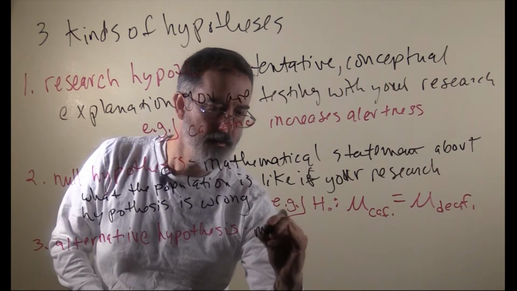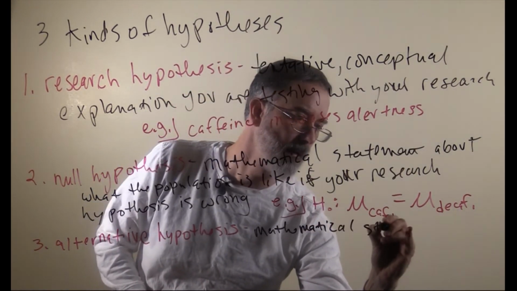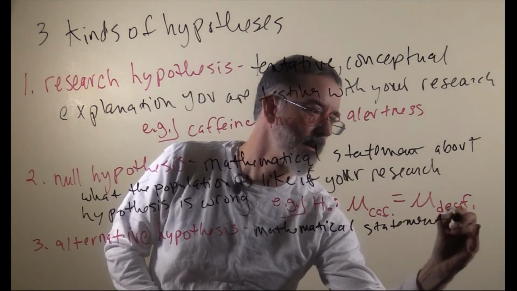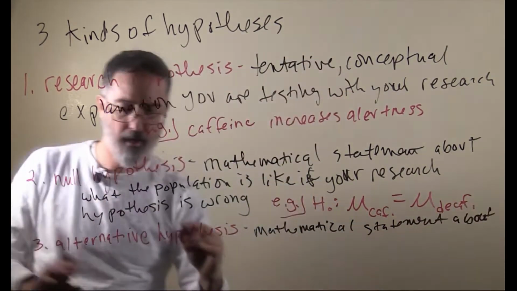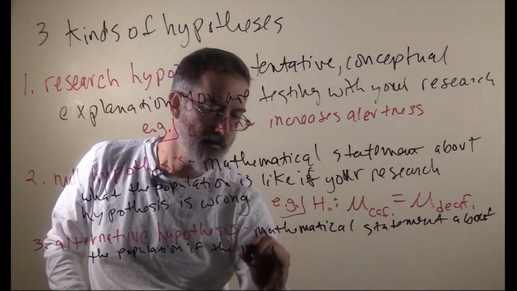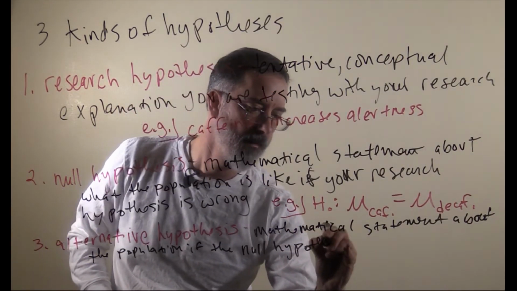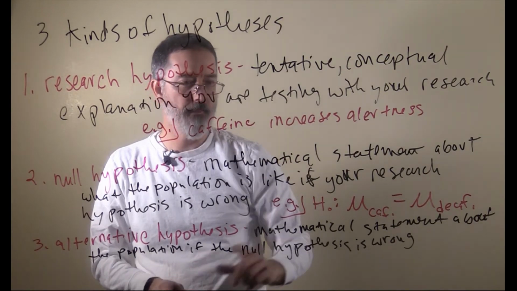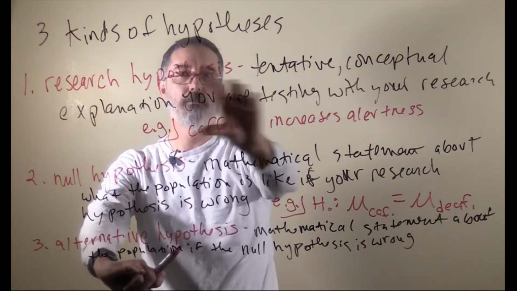So this is a mathematical statement about the population if the null hypothesis is wrong. And the alternative hypothesis is going to have within it your research hypothesis.